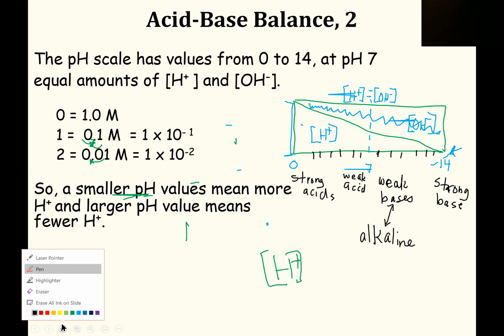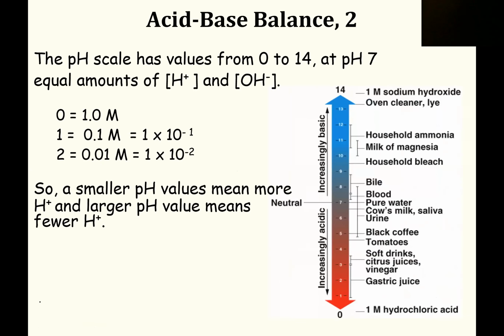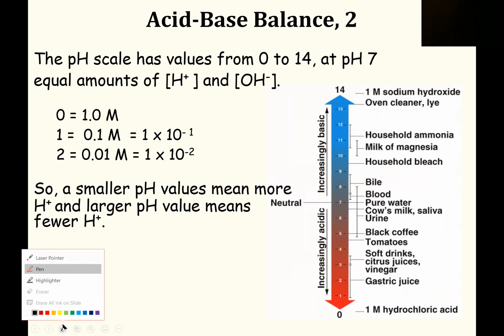So if we put the pH scale back, you can see the placement of blood. You can see the placement of bile. It's on the base side.